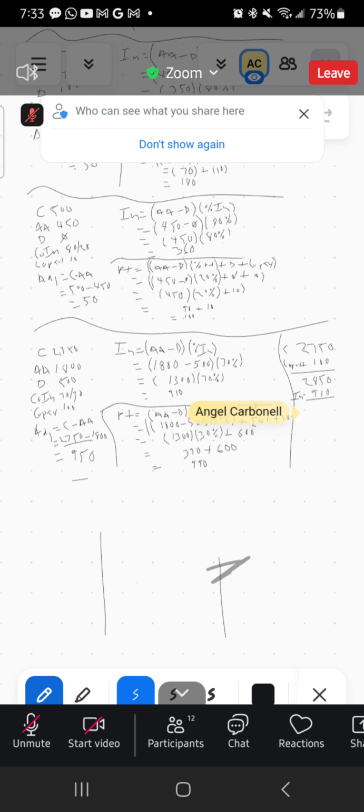So you had a balance of $2,850 minus $910 that the insurance sent you. So now the balance is $194.